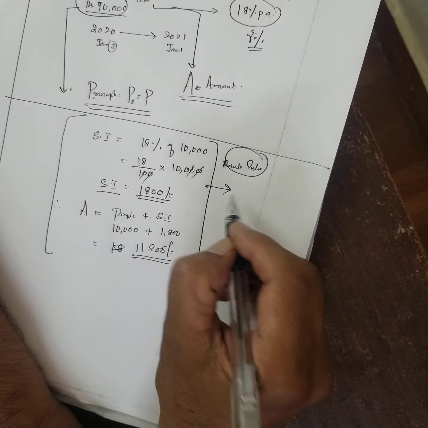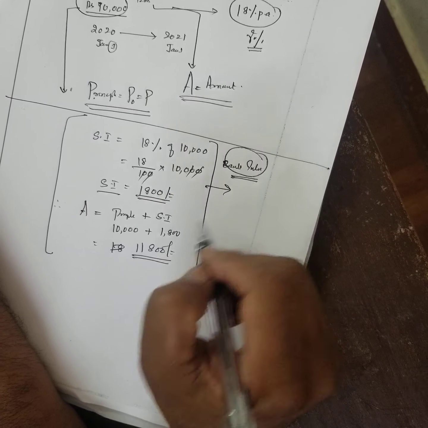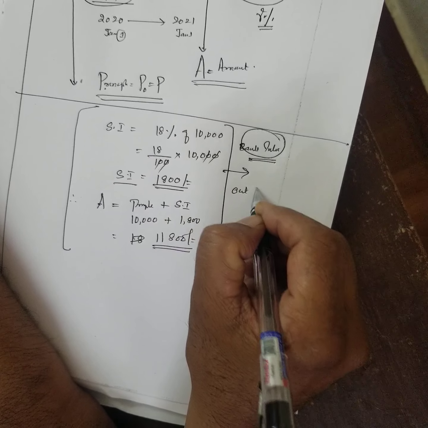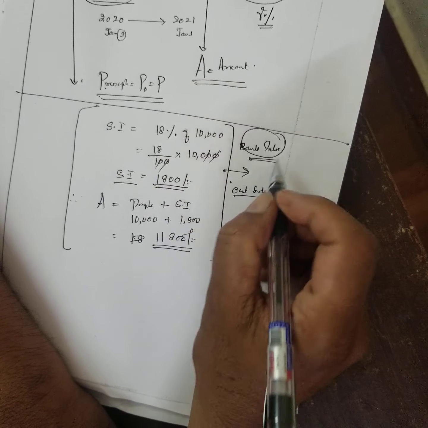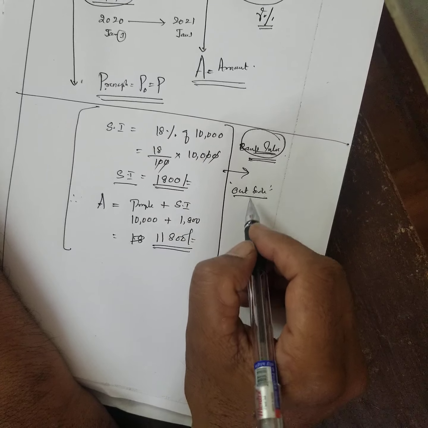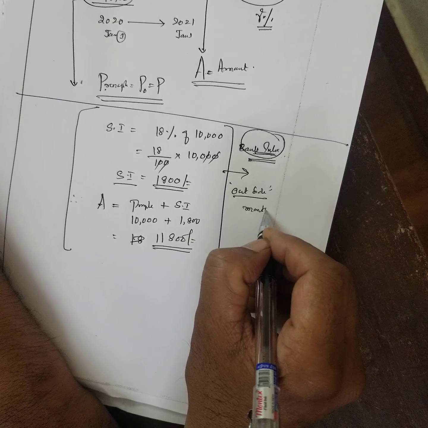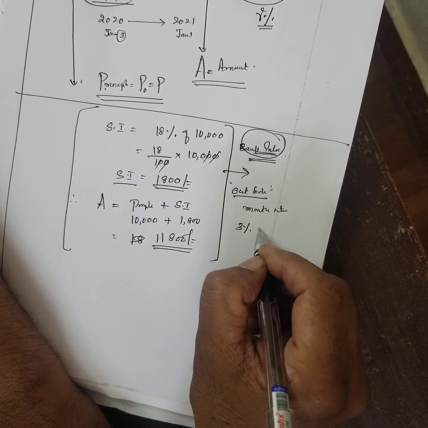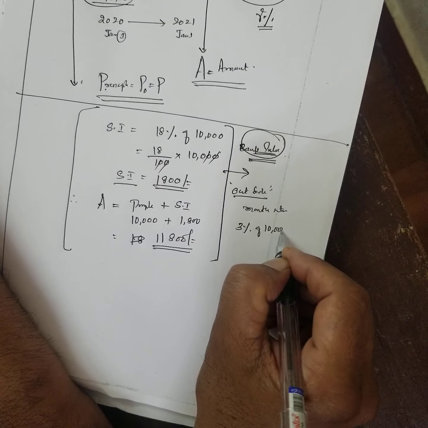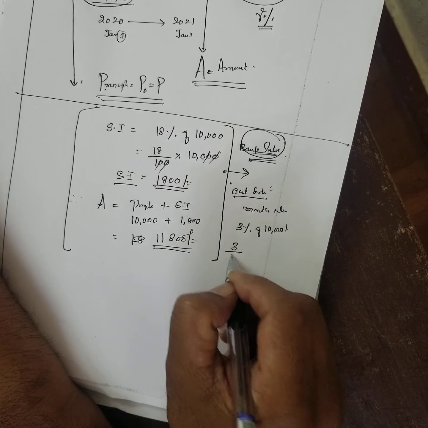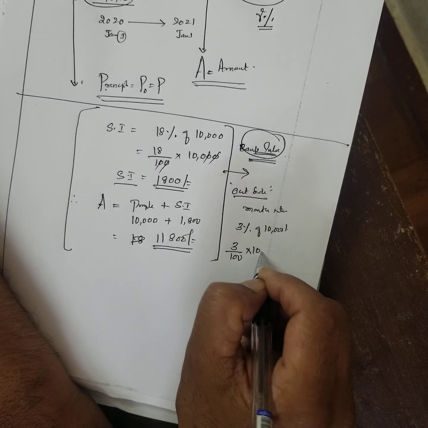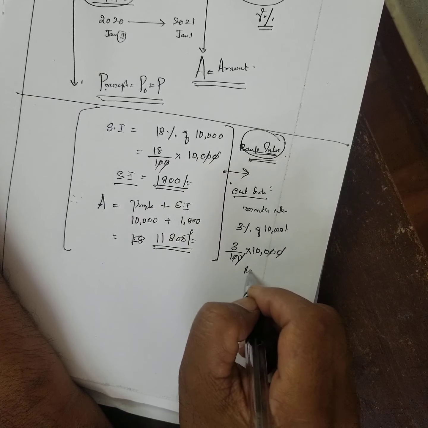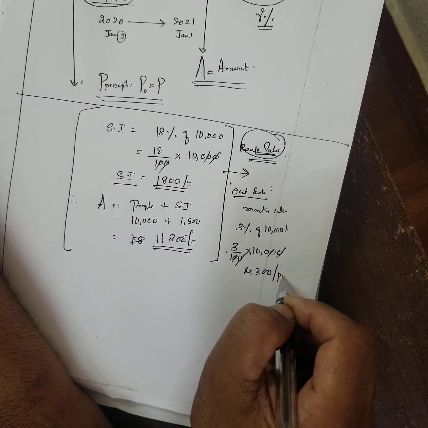But the bank interest is so low, 18%, so simple it is. But what is outside? This is the bank, the government system. Outside they take monthly interest. That means 3% of 10,000. What is 3% of 10,000? 3 by 100 into 10,000, that means rupees 300 per month.